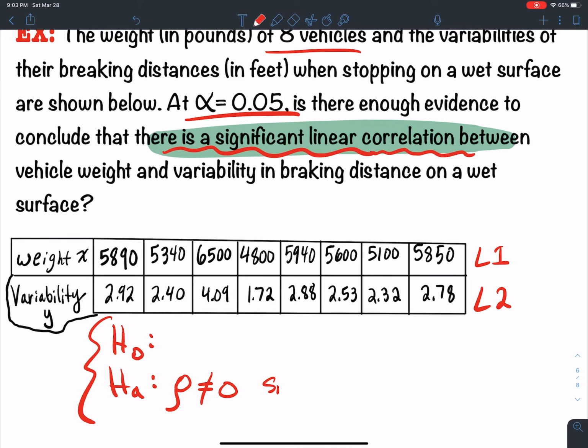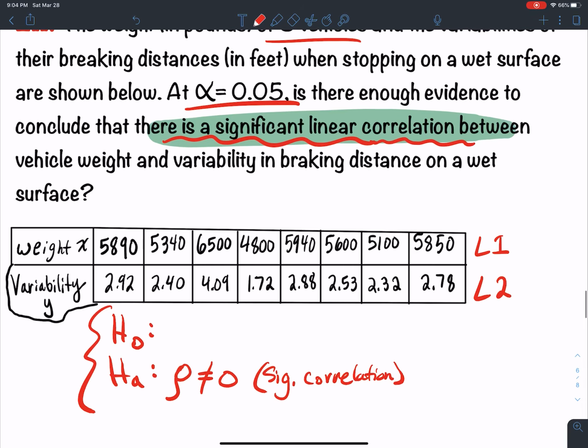We're not saying, is it significant positive linear correlation? So significant correlation. That's the claim. So the H0 is rho equal to 0, that would be no correlation.